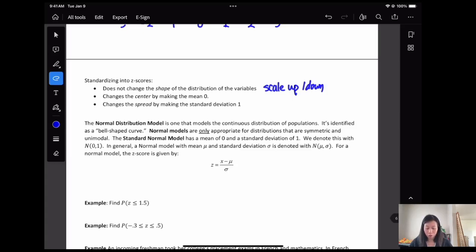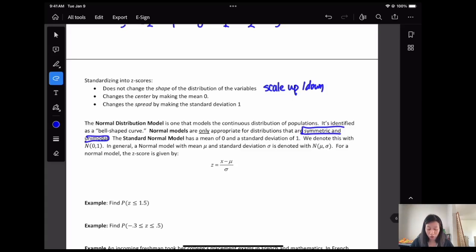Also, the normal distribution model is one model where a continuous distribution of a population is identified as a bell curve. Normal models are only appropriate for distributions that are symmetric and unimodal.